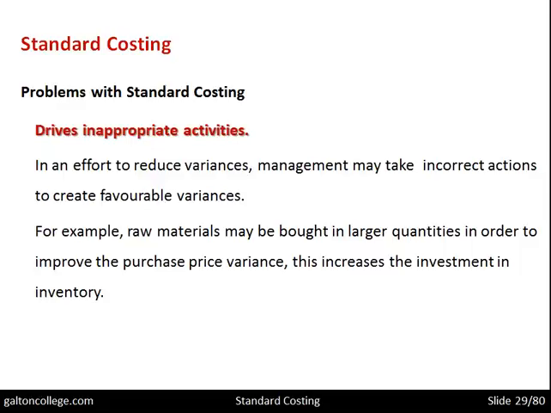So efforts to keep standard costs in line with actual costs, in other words, to reduce the variances, those efforts could lead to what the text calls inappropriate activities, wrong activities. They're trying to correct the problem of variance by increasing inventories.